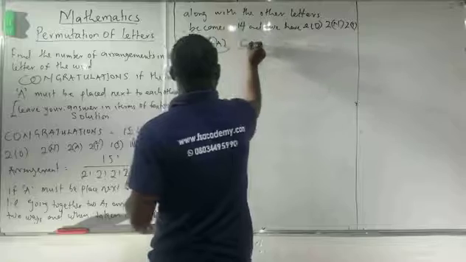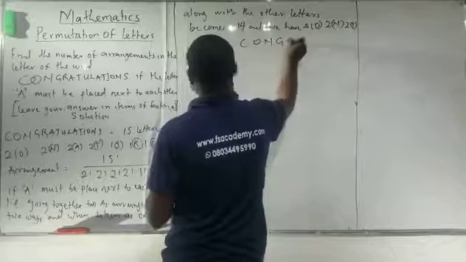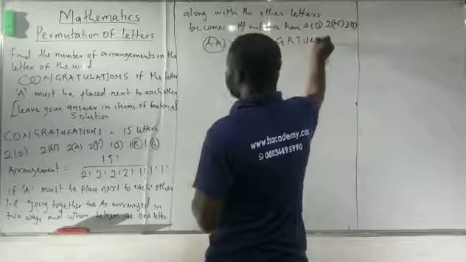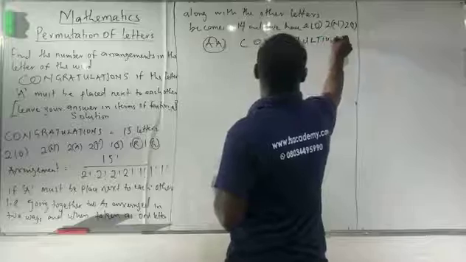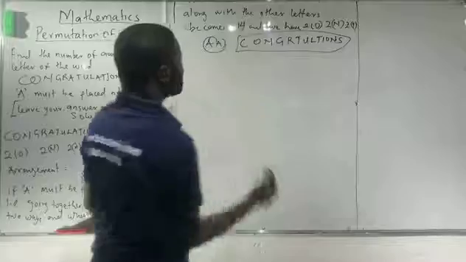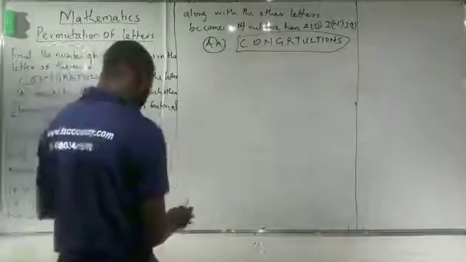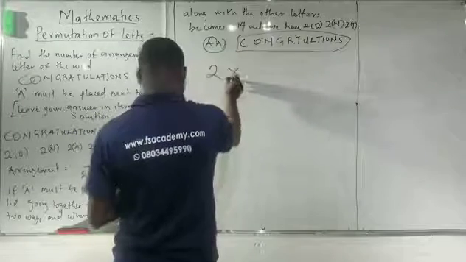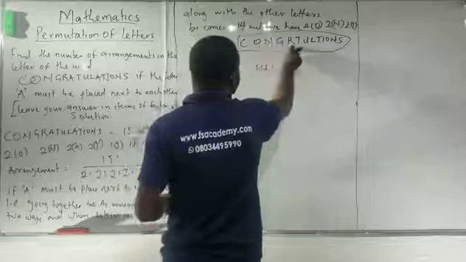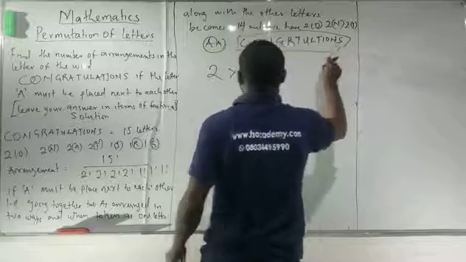Anyway, you see, it means CONGRATULATION. Now that is the remaining one. Can you see that A has been removed out of it? That is what I'm trying to say there. It means I'll be doing 2 multiplied by 14 factorial, because 1, 2, 3, 4, 5, 6, 7, 8, 9, 10, 11, 12, 13, 14.